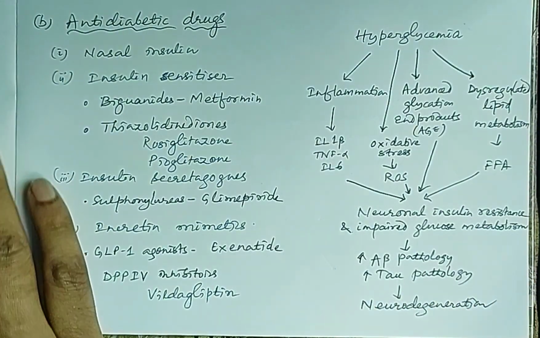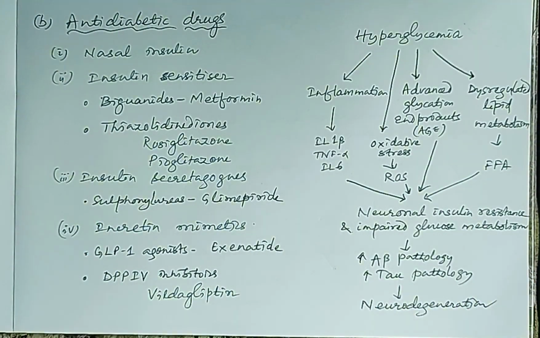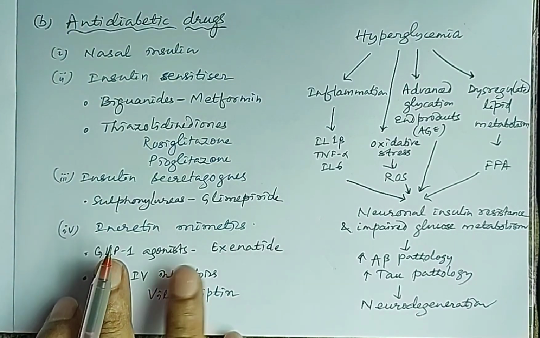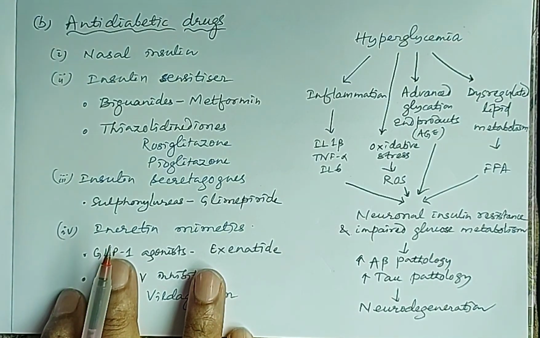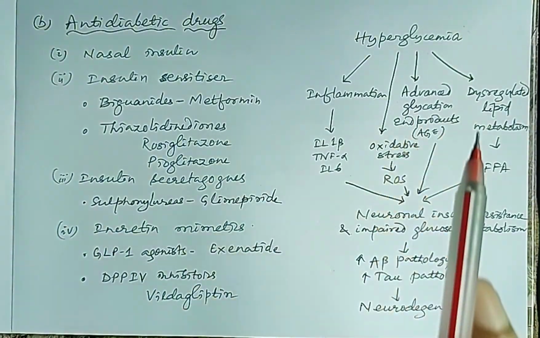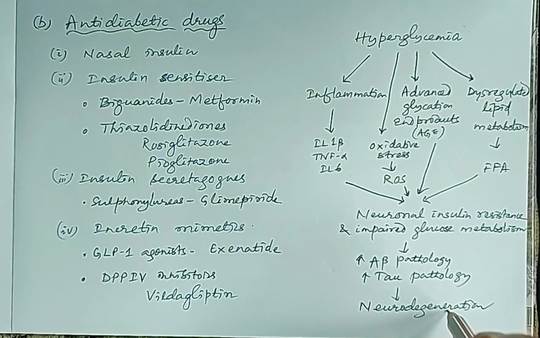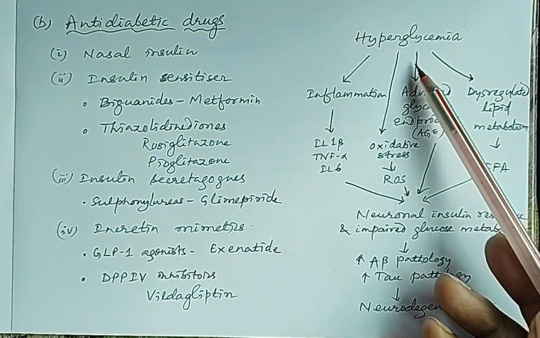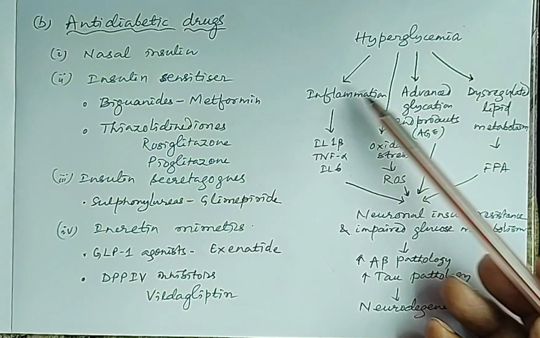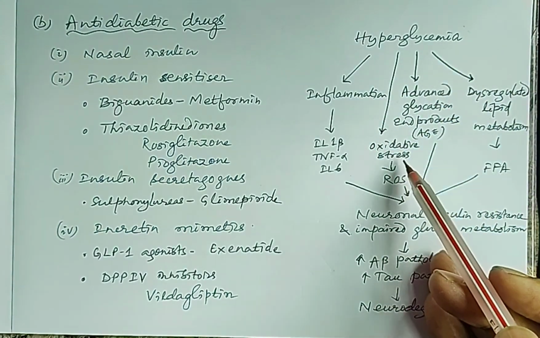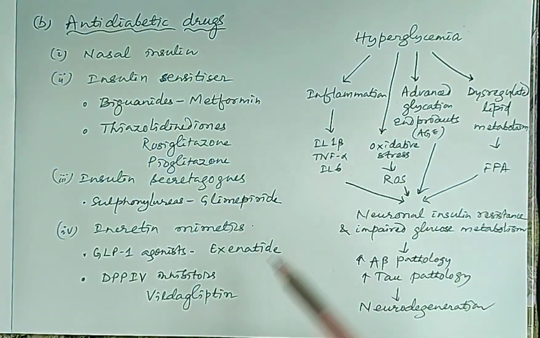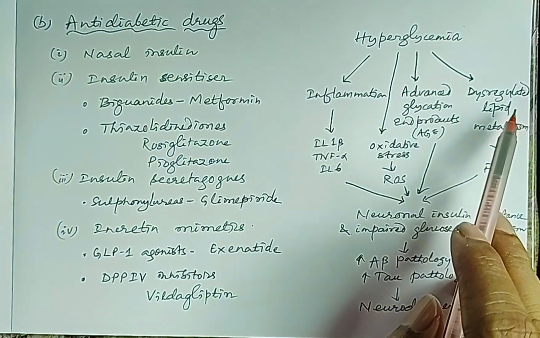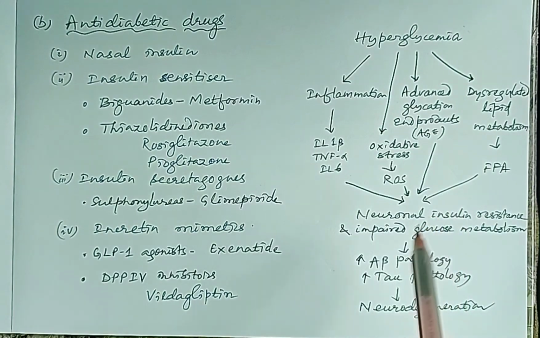Then the second group of drugs which are now under research are the anti-diabetic drugs, which are repurposed for use against Alzheimer's disease, because hyperglycemia can also cause neurodegeneration. Hyperglycemia causes inflammation, oxidative stress, produces advanced glycation end products, and dysregulates the lipid metabolism.